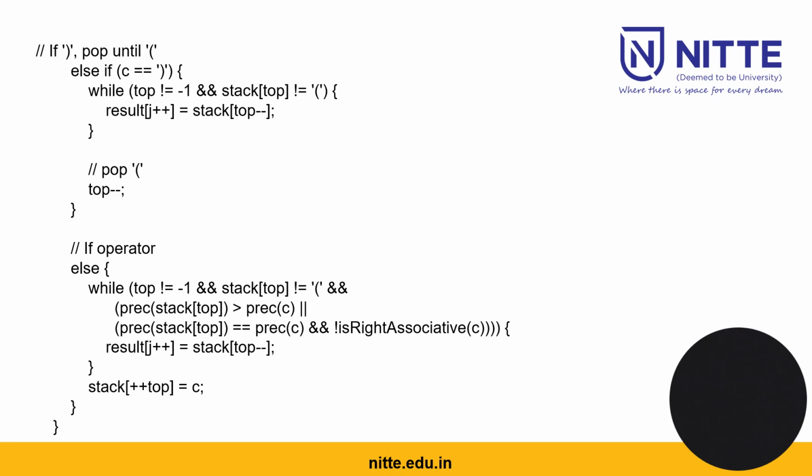So we check whether the precedence of stack of top is greater than the precedence of c, or whether it is equal to the precedence of c and is not right associative, then again we decrement the stack top by 1 and assign it to the result.